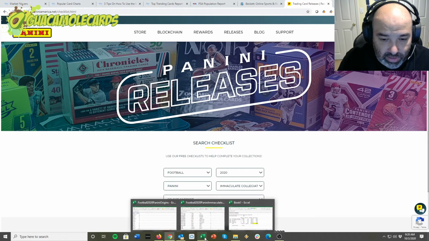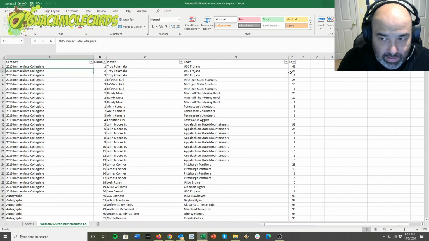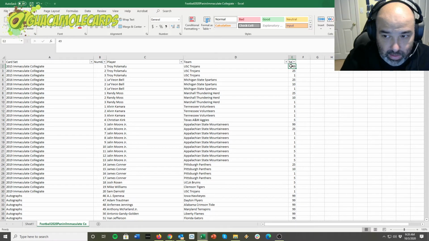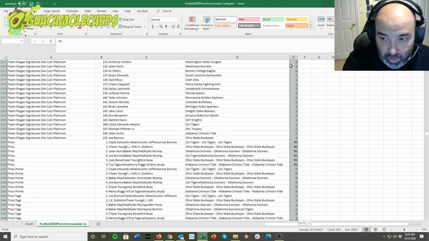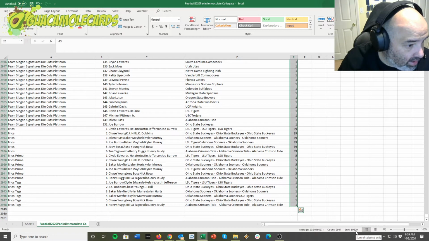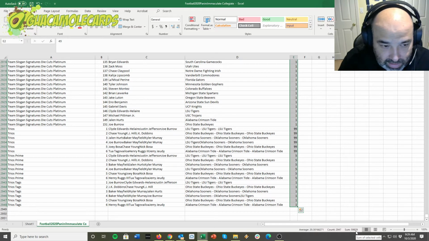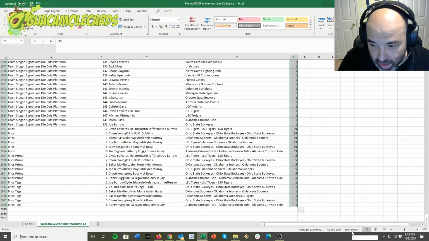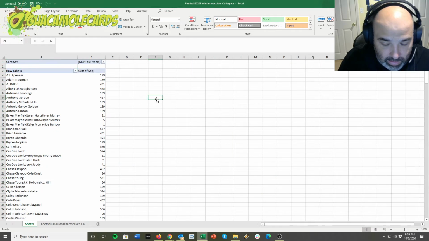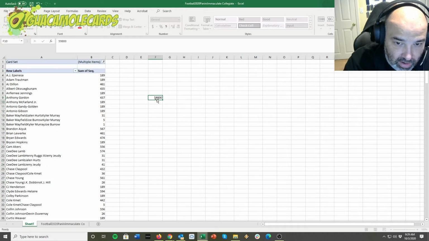The reason I like to use collegiate as an example is that every single card is numbered. Excel sums everything up for you, and there are 59,800 cards produced.